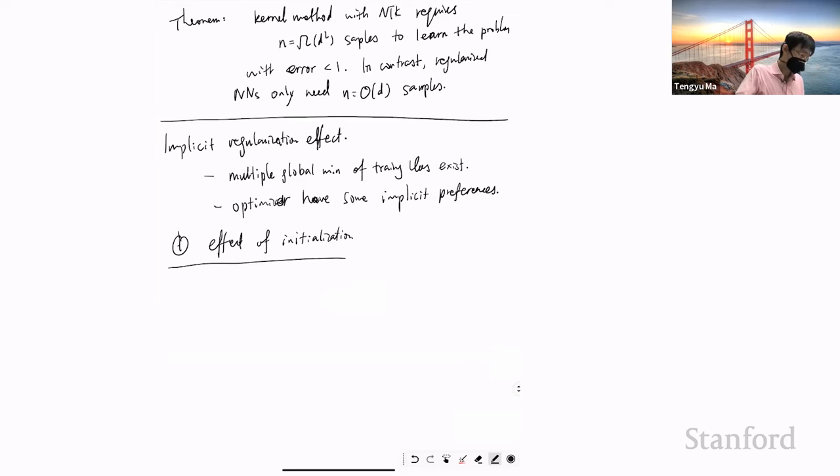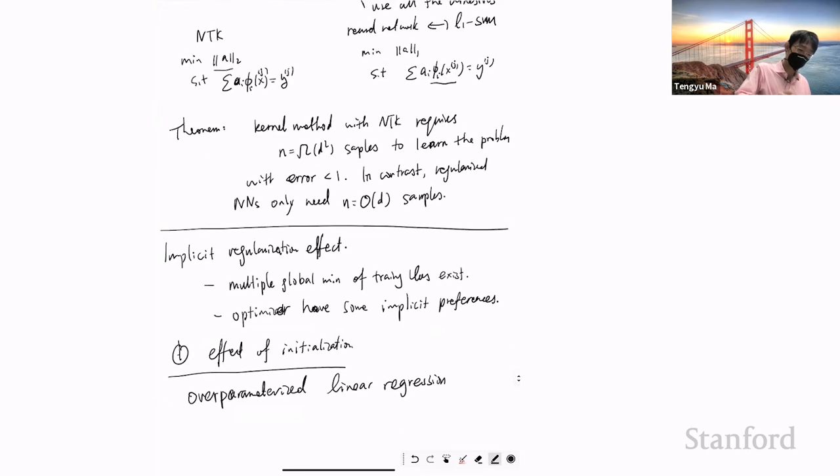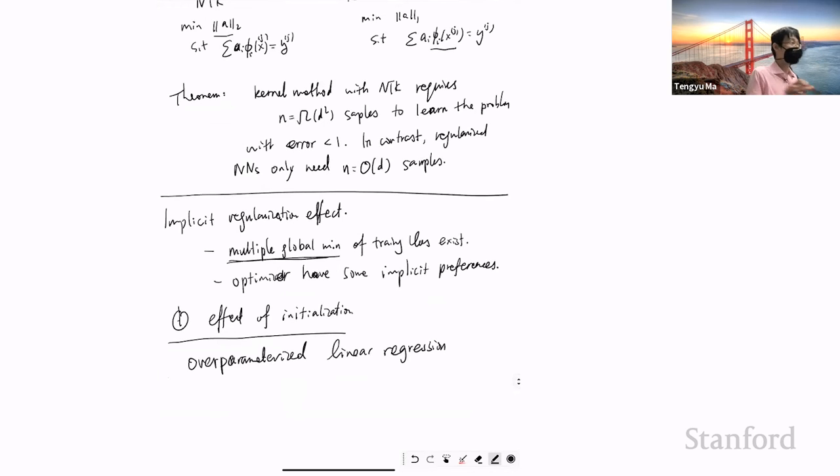I'm going to start with a simple case, the overparameterized linear regression case. You need overparameterization, especially if you consider linear models, because one of the important things is that you have to have multiple global minima. Otherwise there's no so-called implicit regularization effect, because optimizers have to converge to a global minimum.